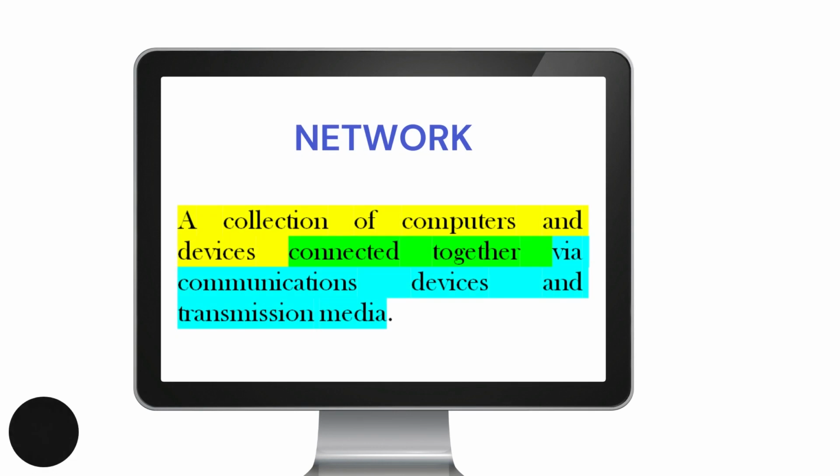First of all, let us see what is the definition of a network. It is a collection of computers and devices connected together via communication devices and transmission media. So over there, we can see that you have to know what are the communication devices and also what are the transmission media.